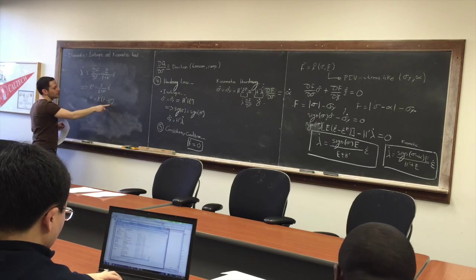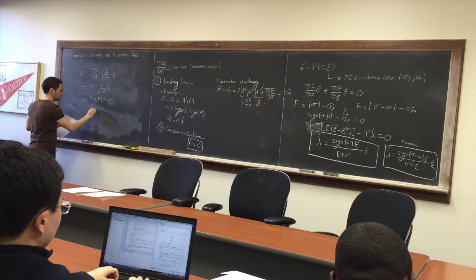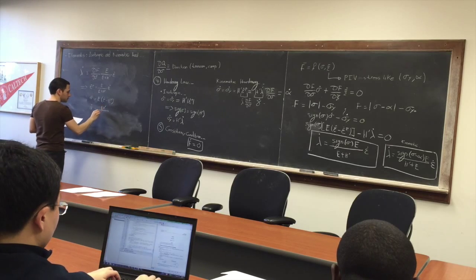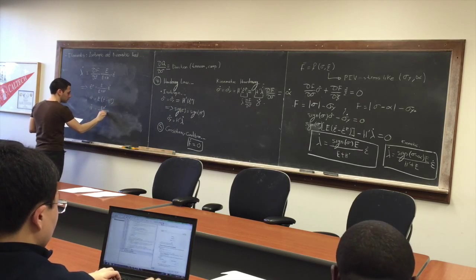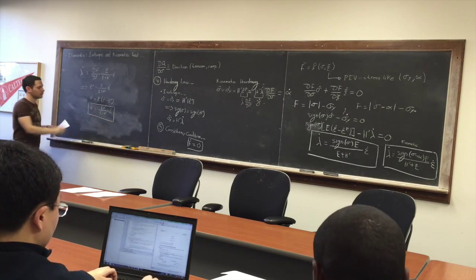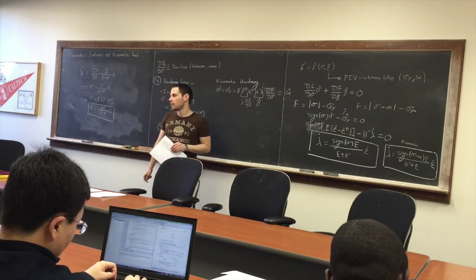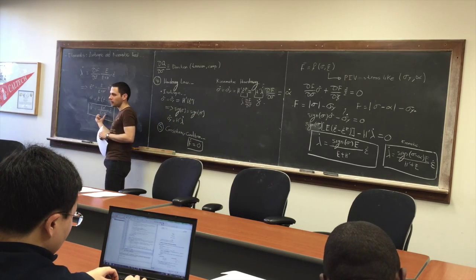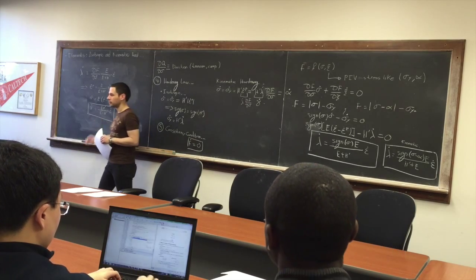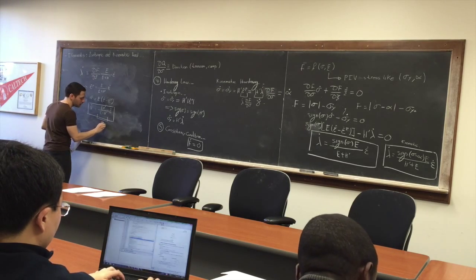So substituting this back into this expression, we arrive at a relation where this constant here is what? ET. Tangent modulus. This is ET.